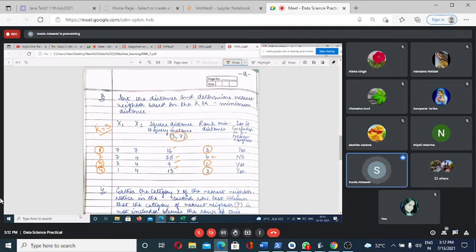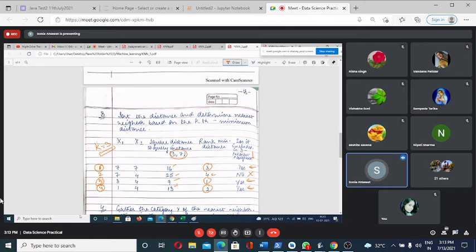Now, since we had defined k equal to 3, these are the values as per the ranking 1, 2 and 3. They will be included as the nearest neighbors as per k equal to 3. So this belongs to yes class, this belongs to yes class, this belongs to yes class, and this belongs to no class.